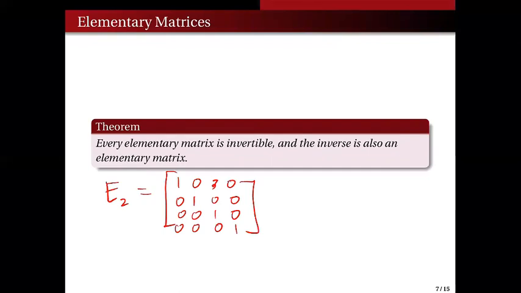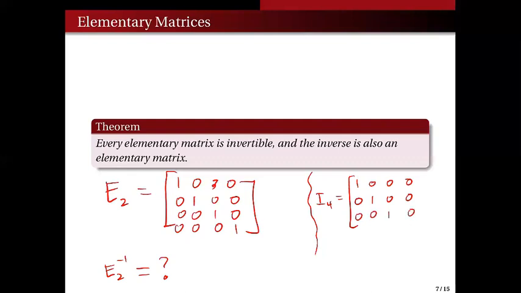So our goal: what is this E2 inverse? You have your I4. This is 1, 0, 0, 0, 0, 1, 0, 0, 0, 0, 1, 0, 0, 0, 0, 1.